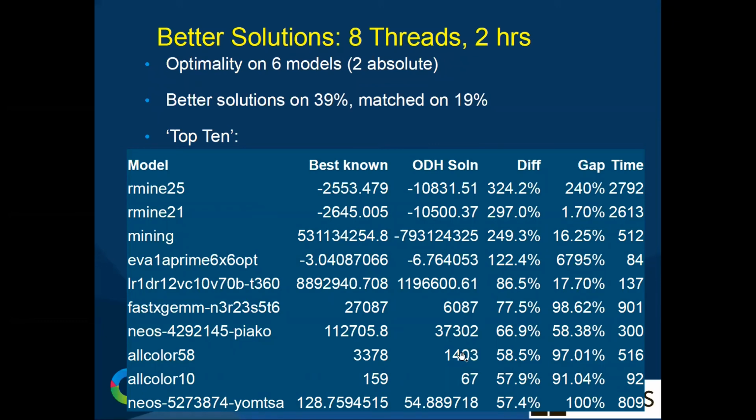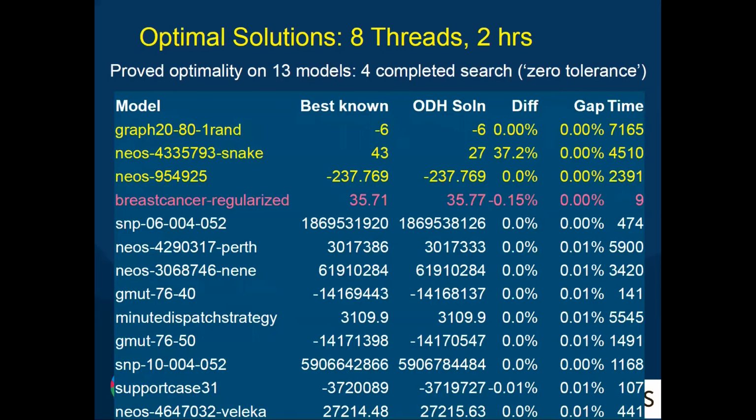And that's obviously very pleasing. We got optimal solutions to 13 of these models as here, and 4 of them were solutions where we'd actually completed the search, 0-0 gap, whereas the others were only to within tolerance.